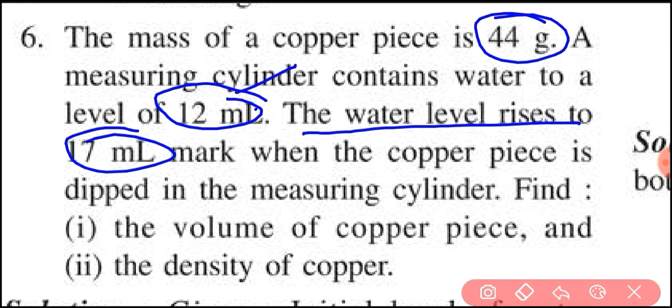Initial level is 12 ml. It rises and reaches 17 ml when the copper piece is dipped in the measuring cylinder. Clear? Find the volume of copper piece and the density of copper.